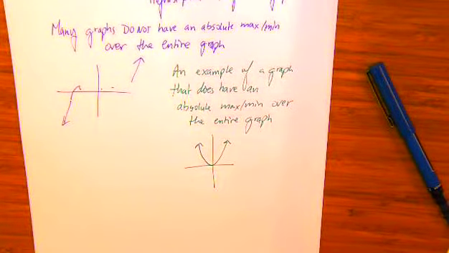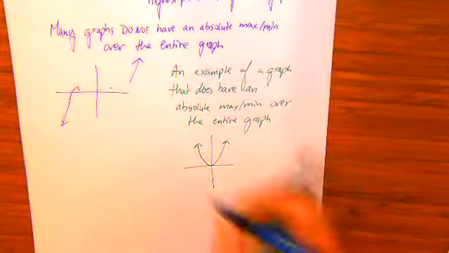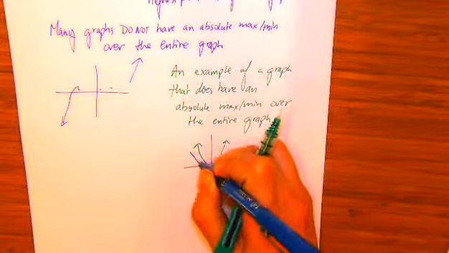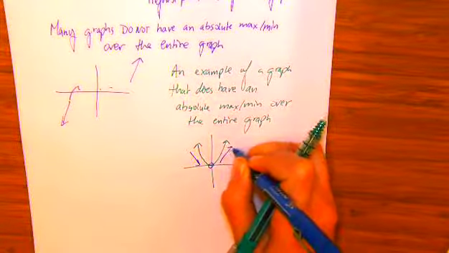How many local extremas does this have? Just has one, right? It's always decreasing from one side and increasing from another side.